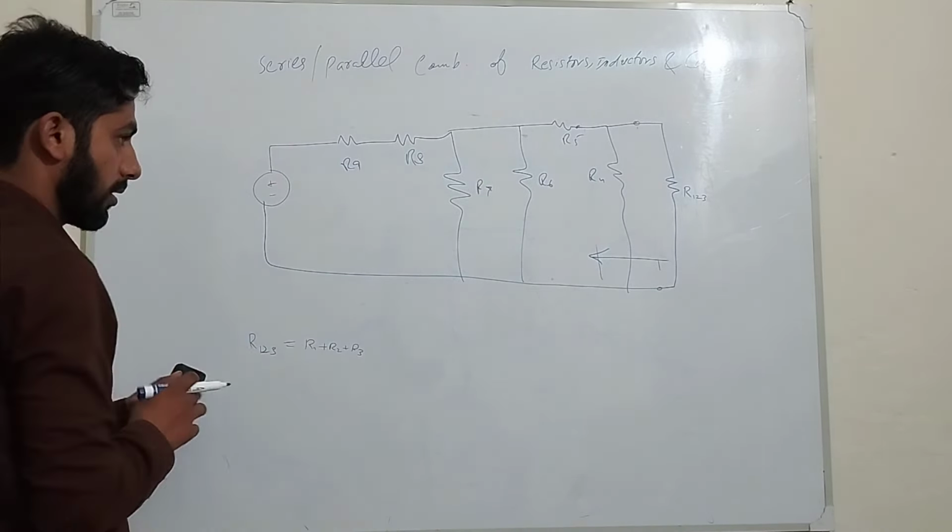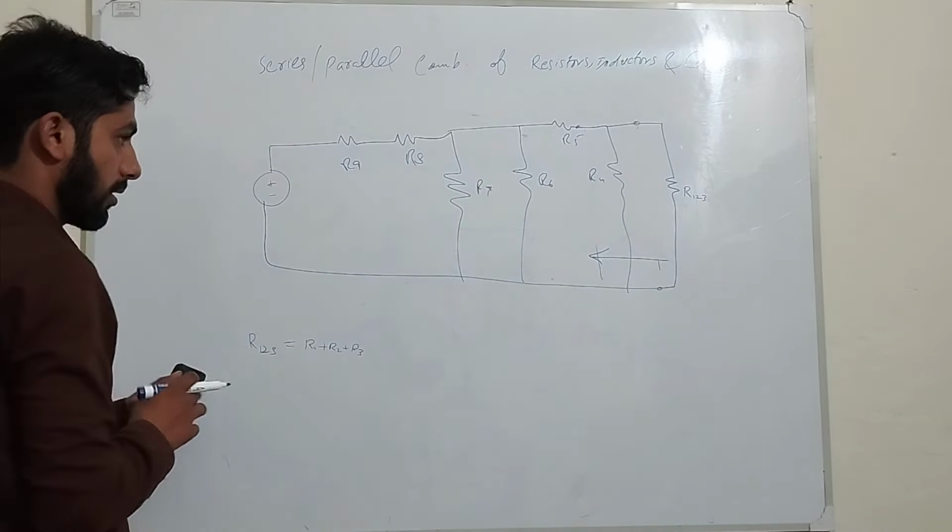This is the formula for solving a parallel combination. So their parallel combination will make another resistor. Remove this and reconnect another resistor here. This will be R1234.